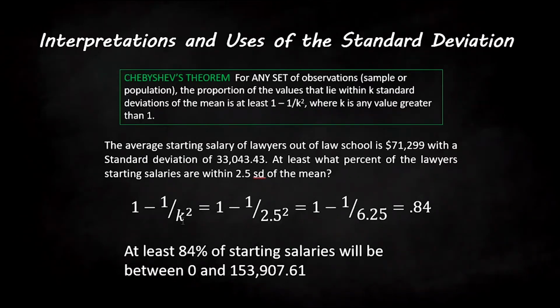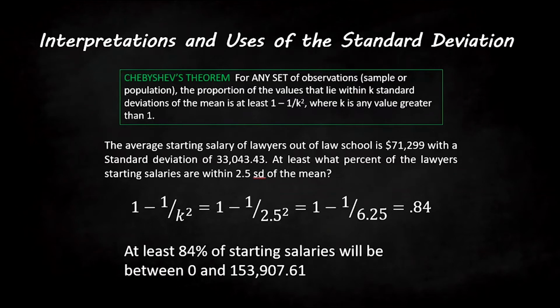So 2.5 is greater than 1, so 1 minus 1 over 2.5 squared will give us the proportion of values that will be within 2.5 standard deviations of the mean. So we do 1 minus 1 over k squared, which is 1 minus 1 over 6.25.